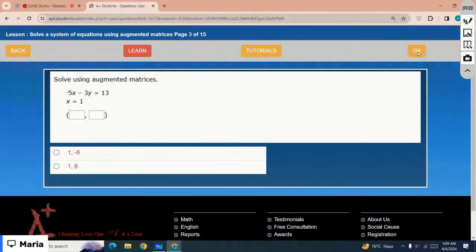Okay, solve using augmented matrices. Okay, let's just solve. Minus 5 minus 3y.